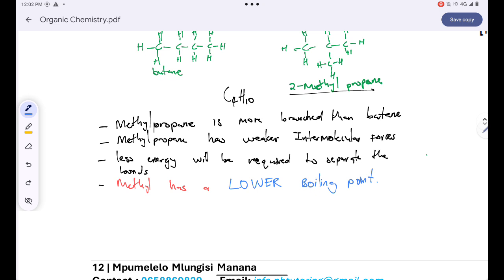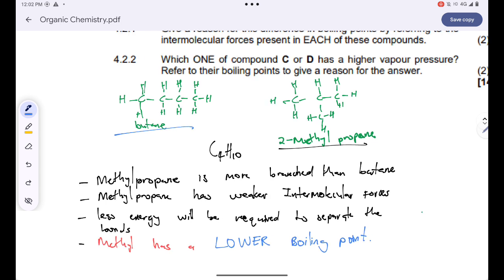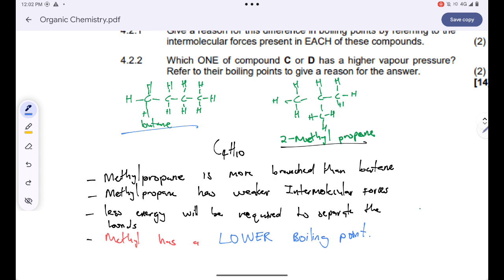But if you wanted to contrast the two by using butane, it will be the direct opposite of what we've written. However, the answer will still be correct. We'll simply say that if butane is not branched, that simply means butane has a greater surface area compared to methylpropane.